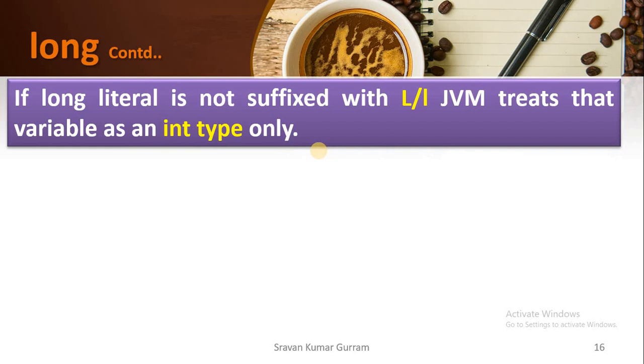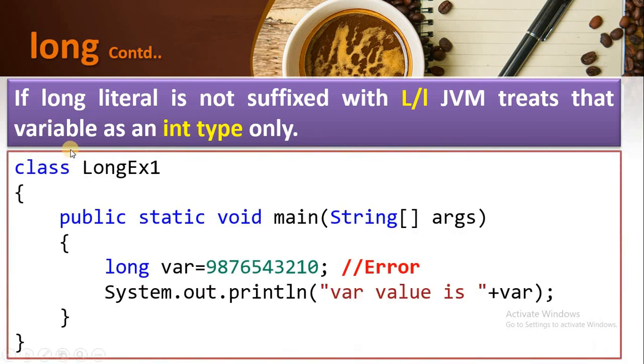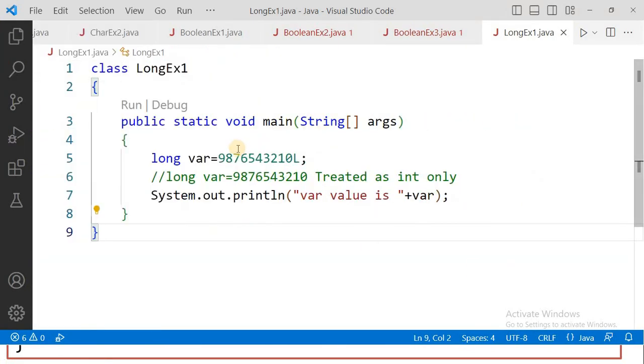So if we are not specifying L, JVM allocates only 4 bytes of memory. See this example. Long variable name is var, assignment some value. Actually this is within the range of long, but even though, whenever you try to execute this program, you will get an error.